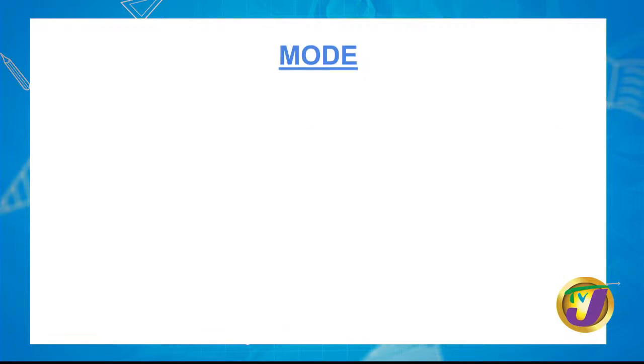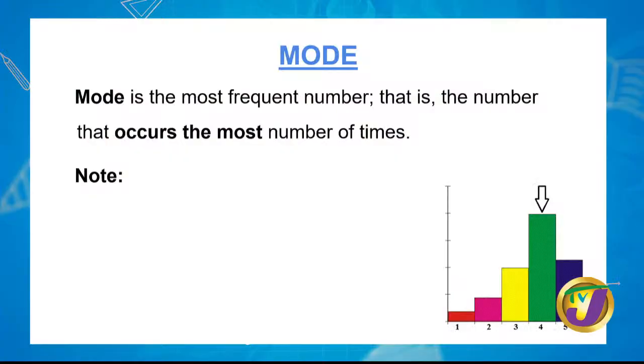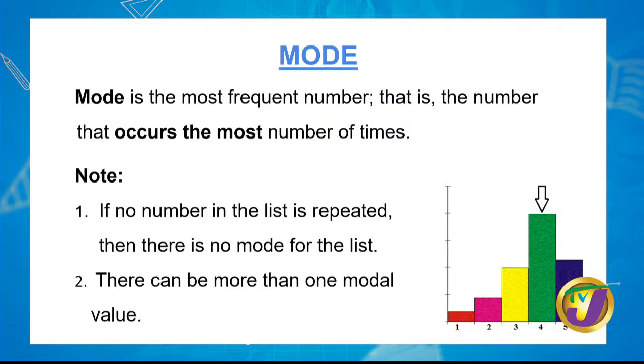Okay. All right, mode. Next, the mode is the most frequent number in our distribution. That is the number which occurs the most. In this diagram, you will see that it is also represented by the highest bar in the distribution. If no number in the list is repeated, then there is no mode in the list.